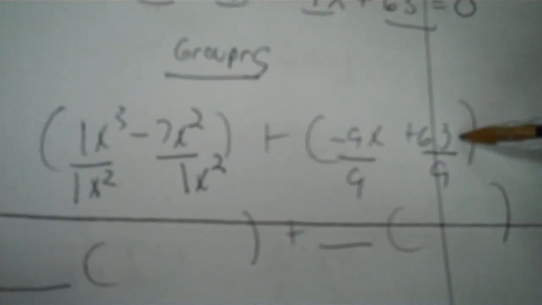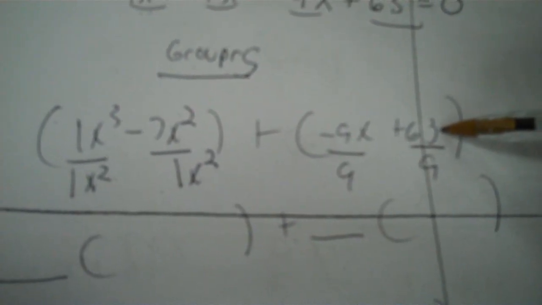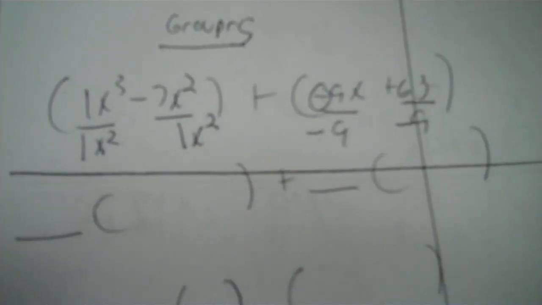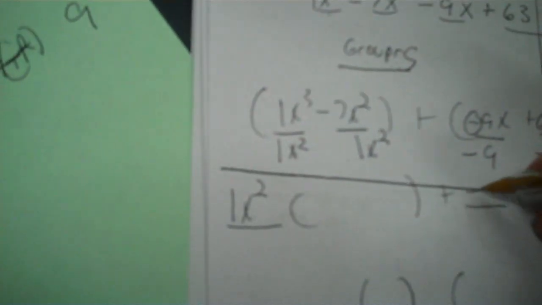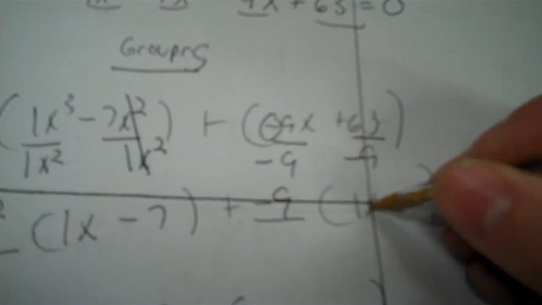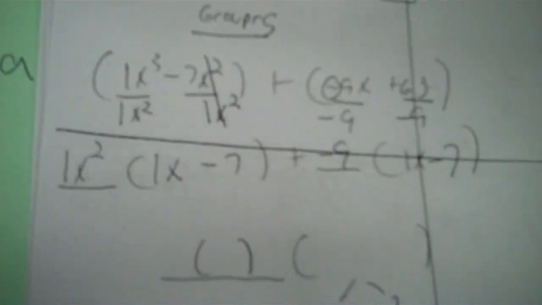You're not going to put an x because that final line doesn't have x, but you are going to put a negative sign because you have a leading negative right there. So 1x squared out, negative 9's out. And now these better match, okay? I wouldn't be telling you to factor if they didn't. So it's 1x minus 7. This is the same thing, 1x minus 7.